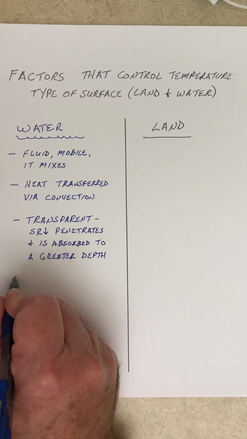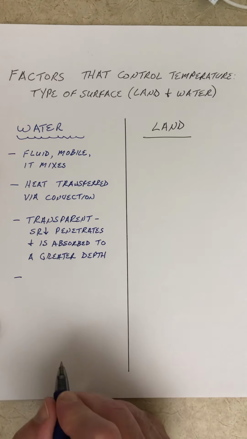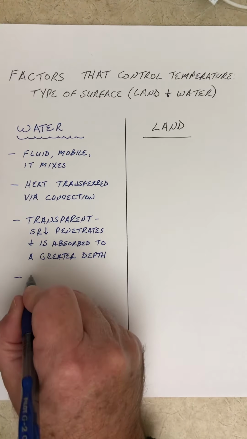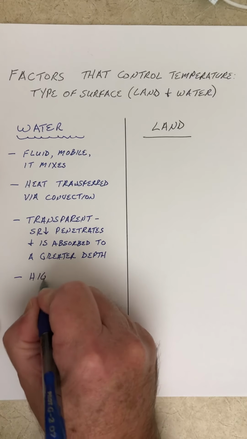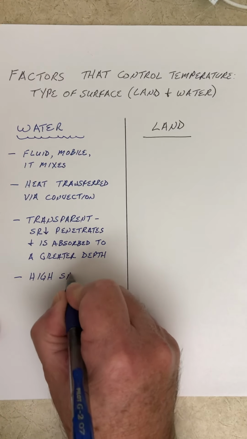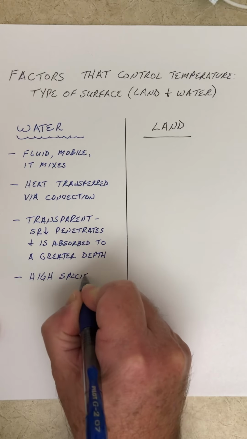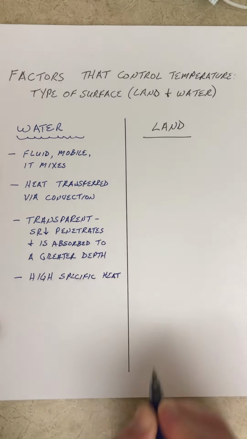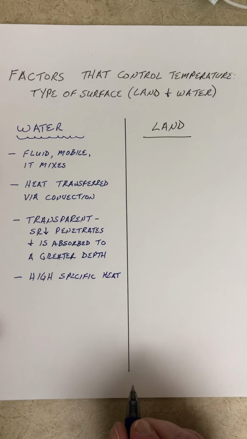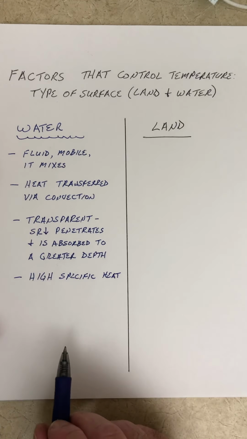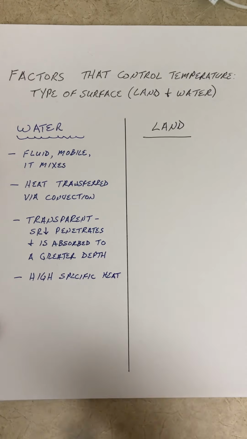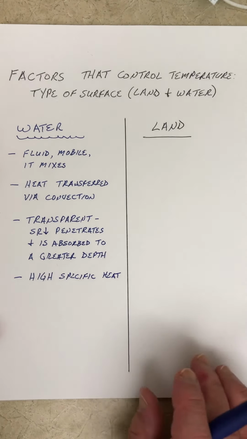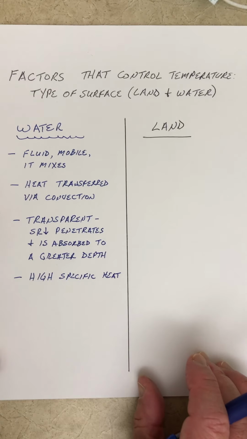A fourth property, the last property that we're going to talk about in terms of water, is that water has a very high specific heat. If you took science in high school, you probably remember that the specific heat refers to the amount of energy that it takes to warm 1 gram of a substance by 1 degree Celsius.